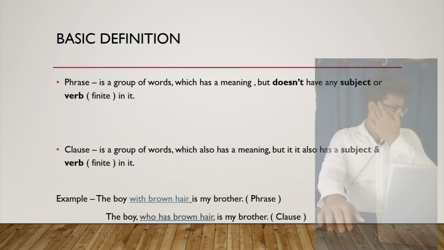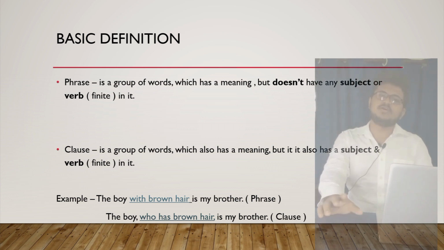So let's start with a basic example. I'm giving you two examples, one with a phrase, one with a clause. You try to find out what is the phrase and what is the clause. Number one, the boy with brown hair is my brother. Number two, the boy who has brown hair is my brother.